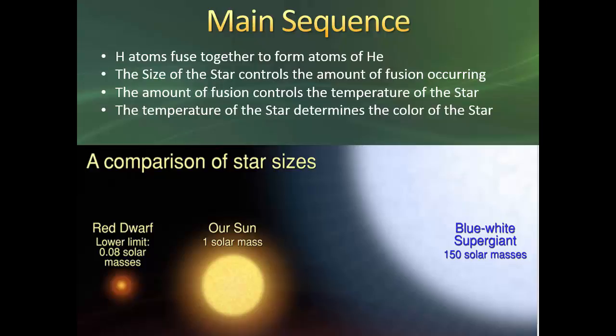We can see this when we're looking at stars because a red dwarf has a red color. The red color shows that the star is a cooler type star. Our sun is a medium-sized yellow star, while there are other supergiant or giant blue-white stars out there, the blue-white being a hotter type of star.